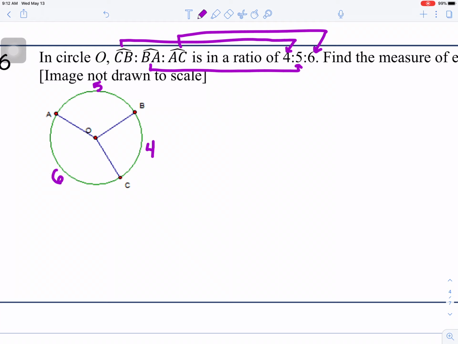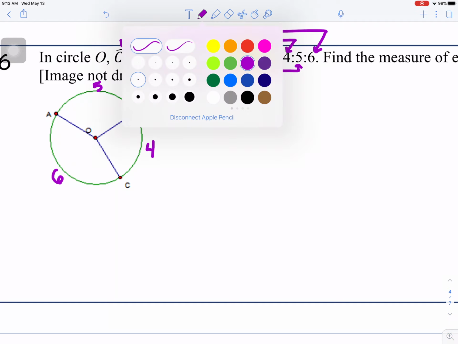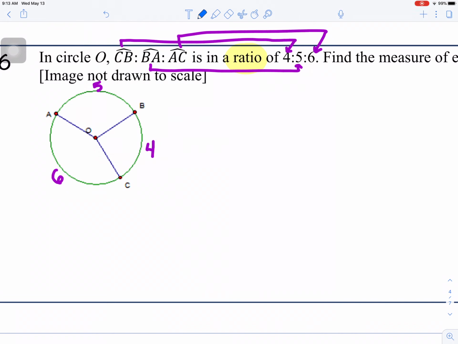All right, now, you will notice that 4, 5, and 6 do not add up to 180. Because in ratios, remember, the greatest common factor has been removed. You have to put it back in. How am I going to put it back in? I don't know what to put in. What is it? Is it 2? Is it 4? Is it 6? We don't know what it is.